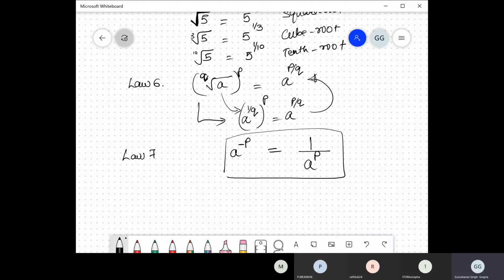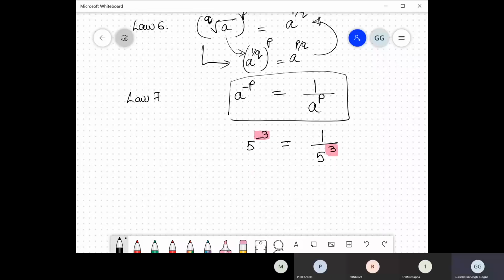For example, if you have 5 to the power minus 3, you can write it as 1 over 5 to the power 3. So I started with a negative power here, but if you flip it, then it changes into positive like this, and vice versa. So if you have something like 1 over 10 to the power 7, you can write it as 10 to the power minus 7, the other way around.